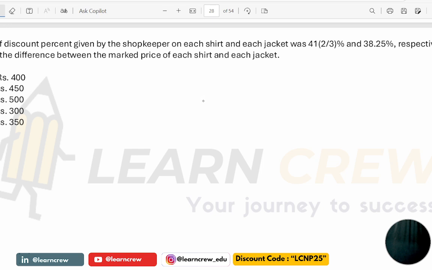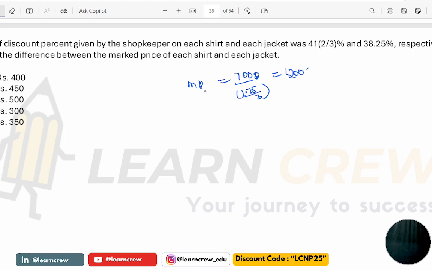So here it would be 700 divided by 175 by 300, means 1.75 by 3, which is nothing but 1200.